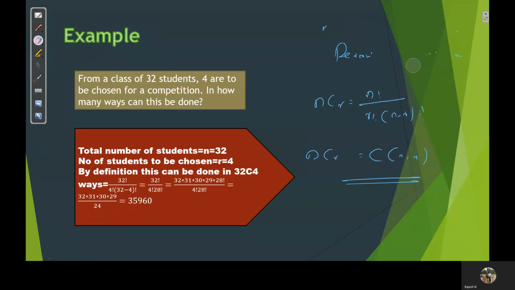Next step. From a class of 32 students, 4 are to be chosen for a competition. How many ways can it be done? From 32 children, we have to select 4.